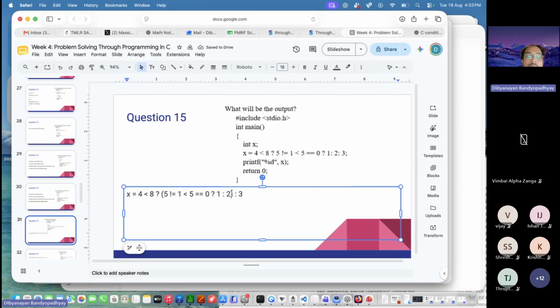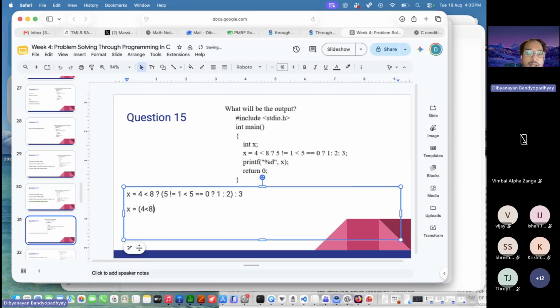So here also you can see there are several things happening. If you look carefully, this is one operator, this is another operator, and this is another operator, and this is another operator. So many things inside this actually. So for that, we again have to check the precedence and group them. So now let's group this part first.